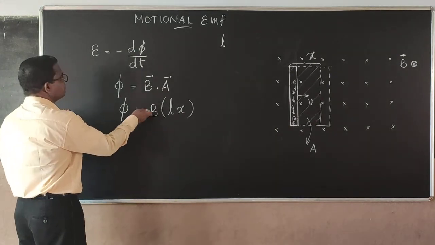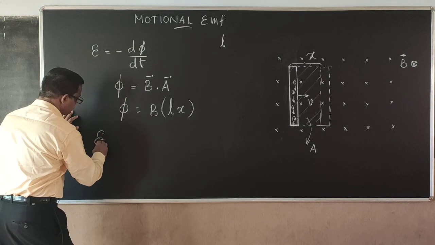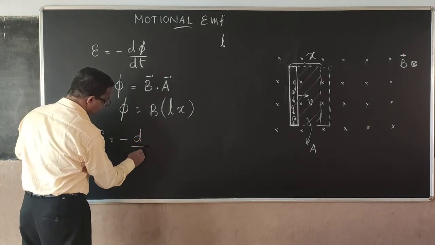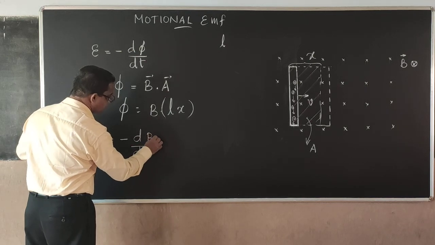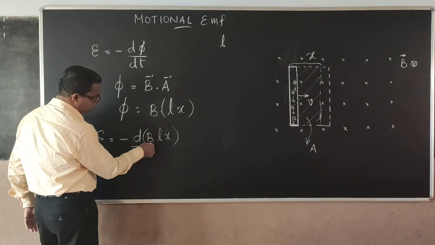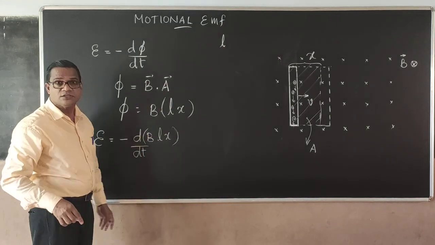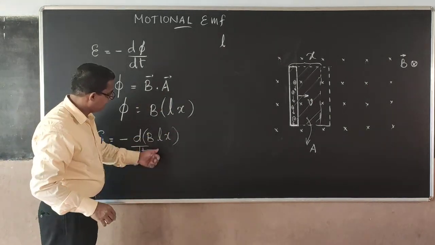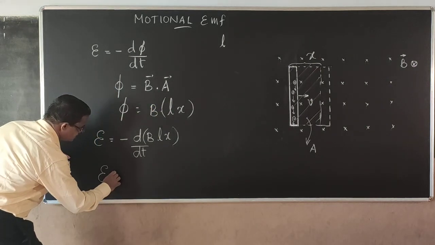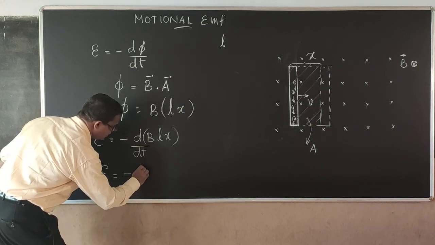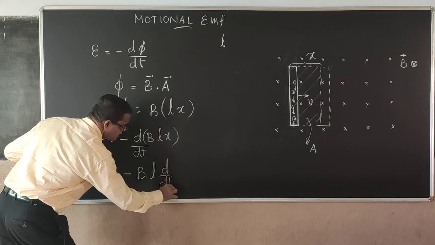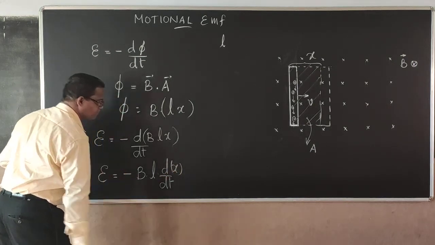Therefore, if I put that over here, you get the induced EMF E equal to minus d by dt of B into L into x. But we know that B and L are constant over here, and x is the only variable. Therefore, I can write induced EMF is equal to minus B into L into d by dt of x.